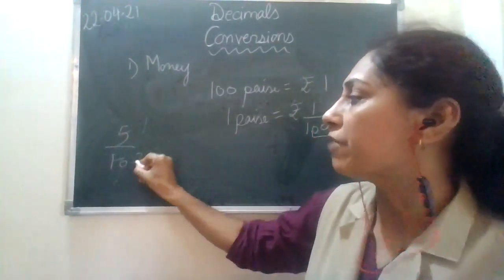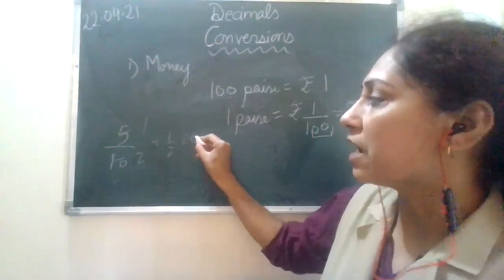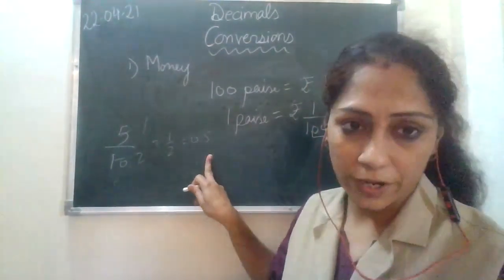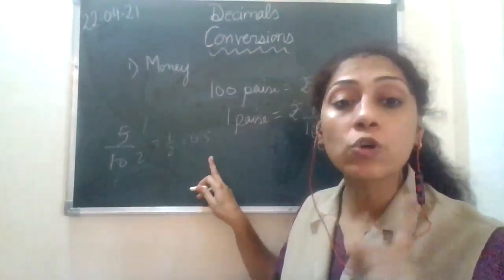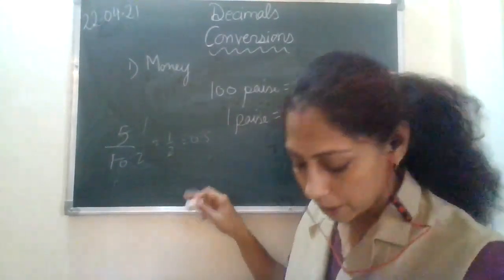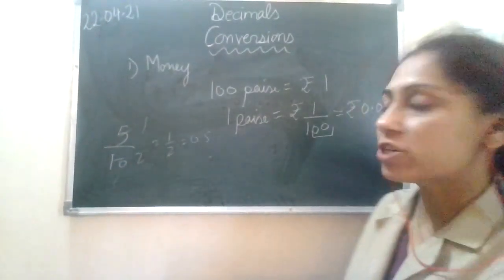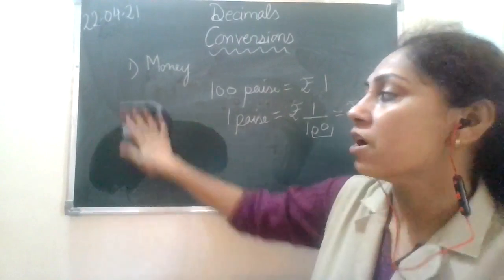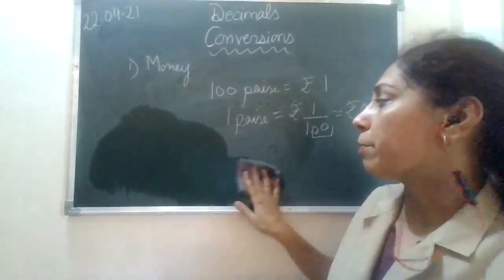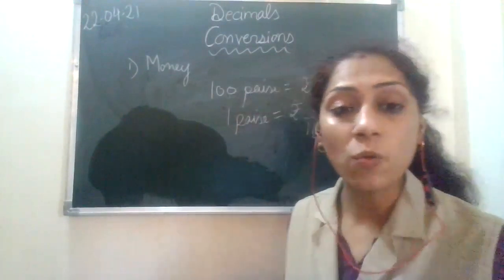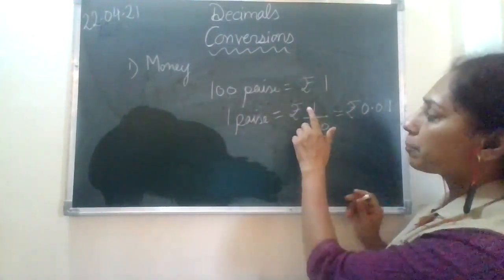If you cut it by the common factor 5, finally the answer is 0.5, which is less than 1. Okay, it is a proven fact. Keep this in mind in a very clear way: a proper fraction is always less than 1. So this is the proper fraction.